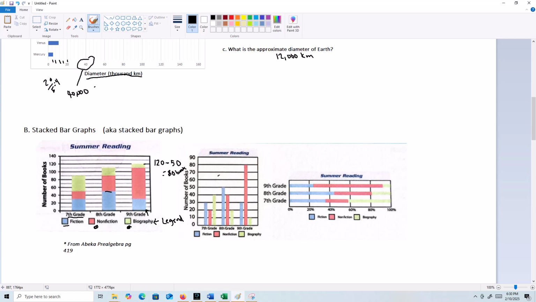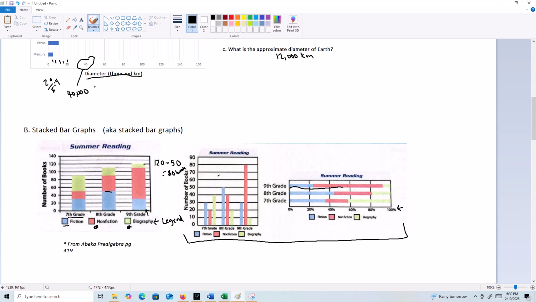There are other types of bar graphs that exist, and these 2 bar graphs appear in the teacher guide. So I wanted to include them here so that you could see what they look like. This one right here, we've moved to percentages down here, and we've also moved from a vertical stacked bar chart to a horizontal stacked bar chart.